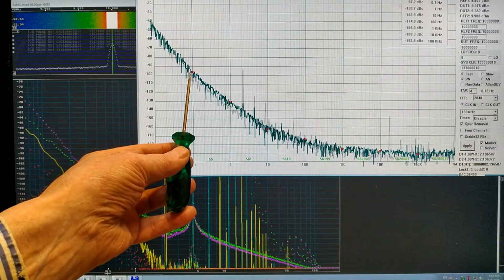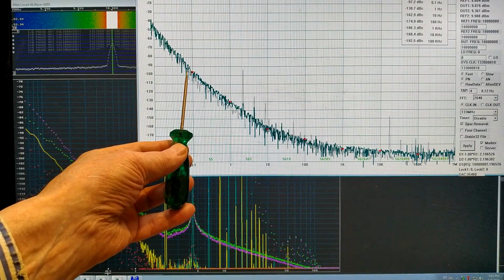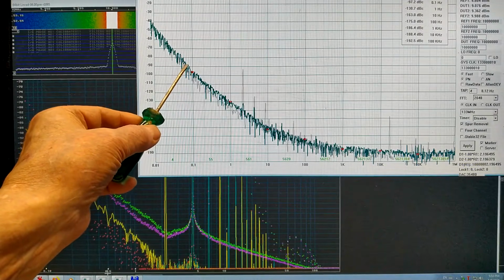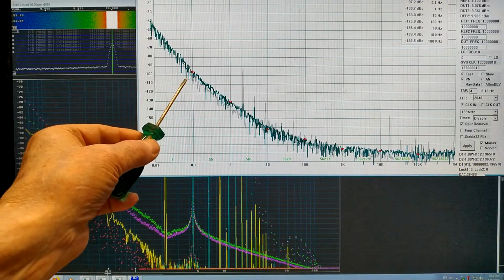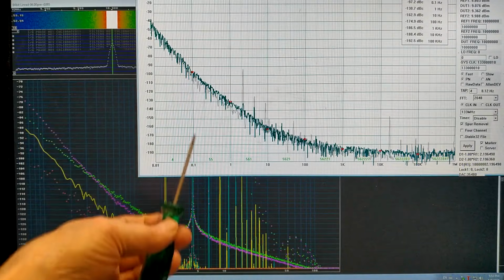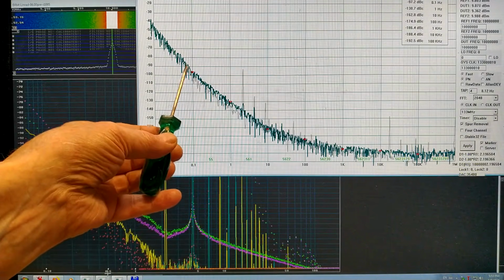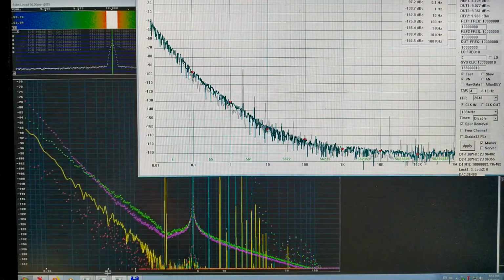Well, 89 is up here. But there are circles everywhere here. So this result is not reliable yet.